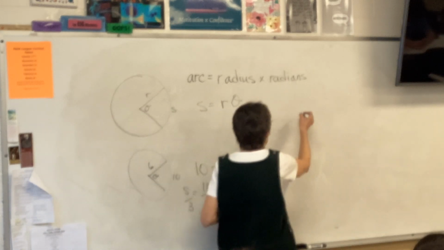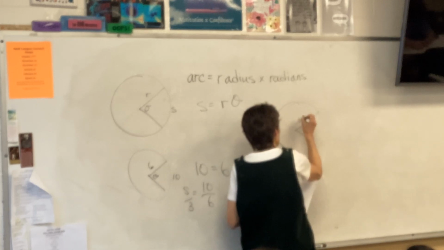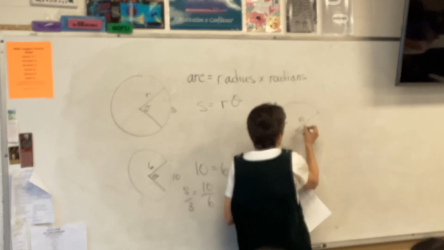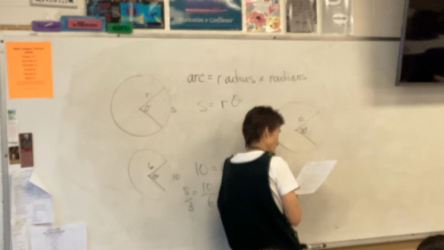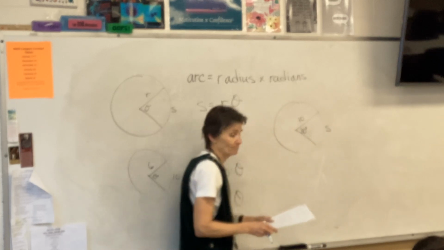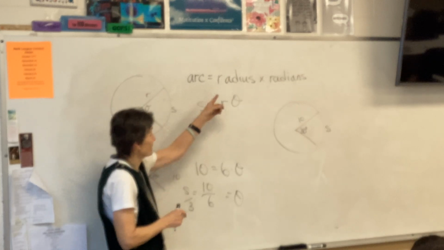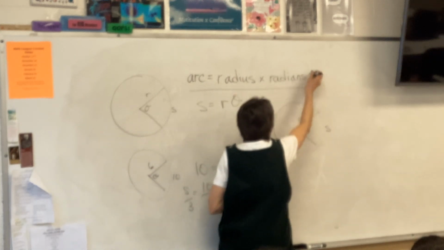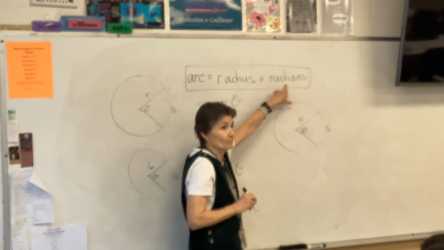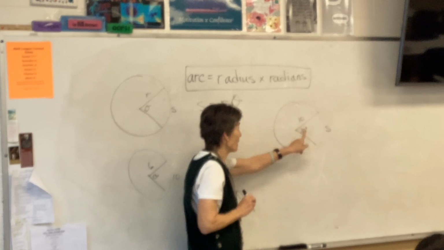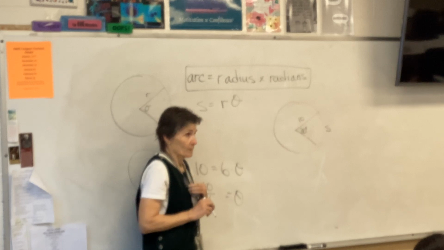Now, B is going to be a little bit harder because in question B, the radius is 10 and the angle is 30 degrees and we need the arc length. So, you remember, I just said it and it's up here. If you remember the way I remember, then it's very clear the angle has to be in radians. So, who remembers how we change 30 degrees in radians?